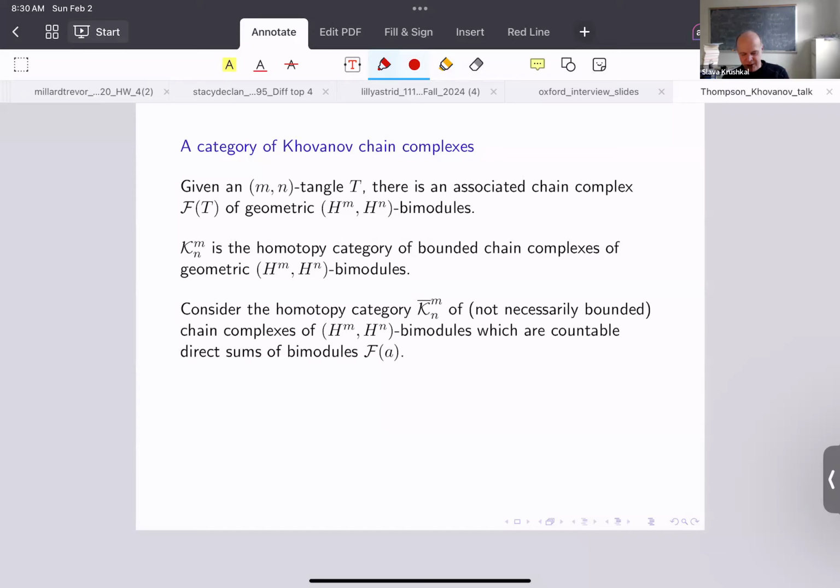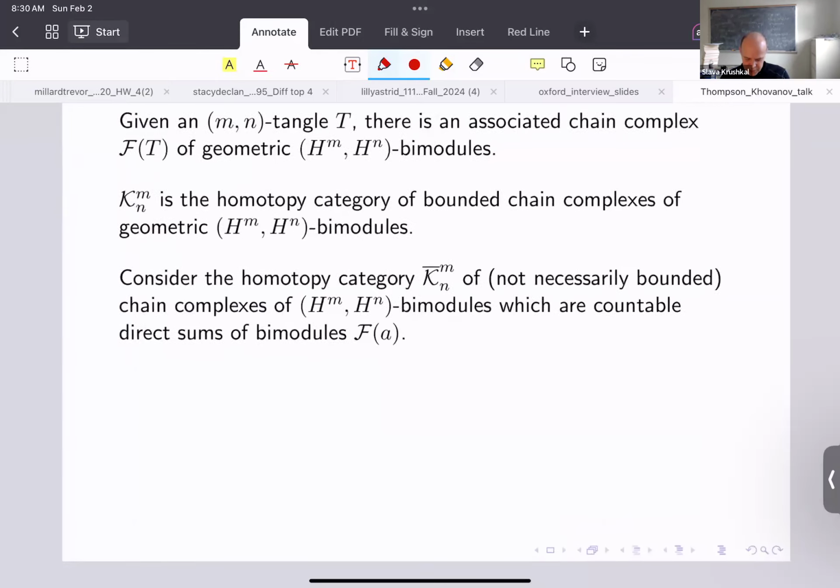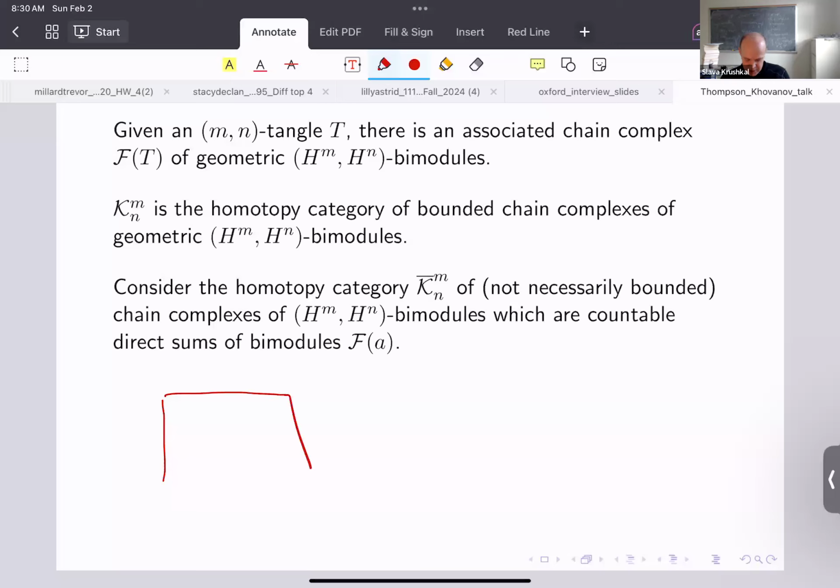And as part of that, if you have not just a planar tangle, but any (m,n) tangle, you associate to it a chain complex of geometric bimodules. So if you have some sort of tangle, here's an easy example, then you can resolve the crossings just as usual in Khovanov theory. And then once you resolve the crossings, you get flat tangles.